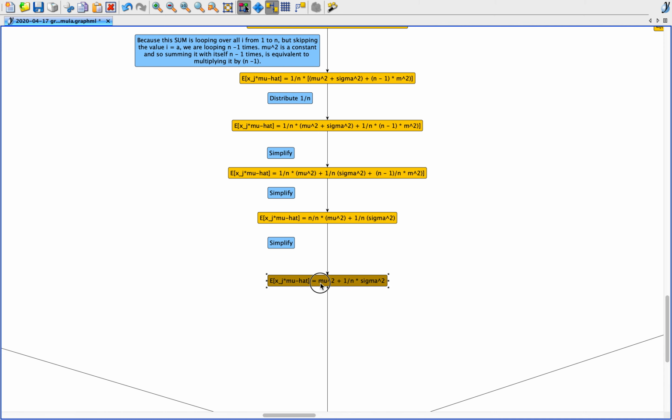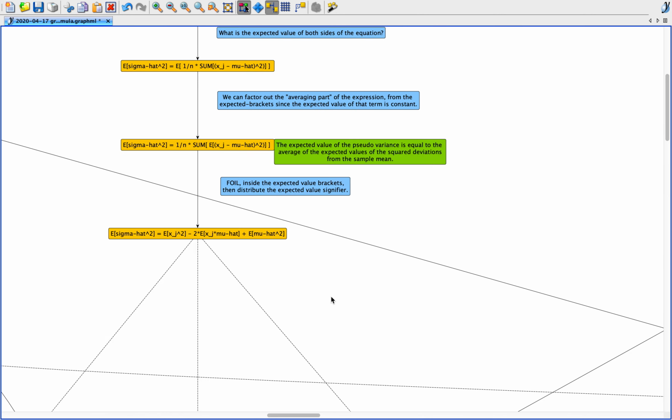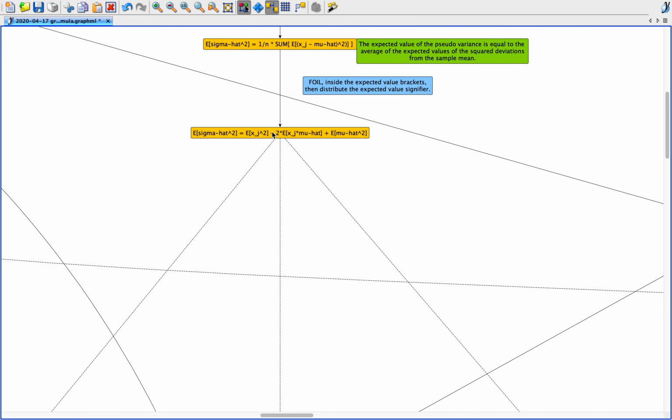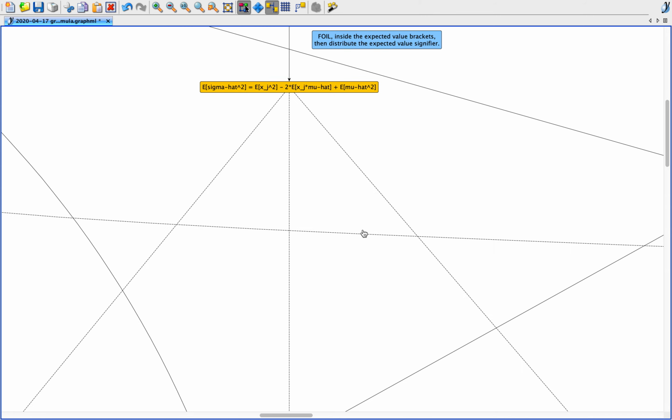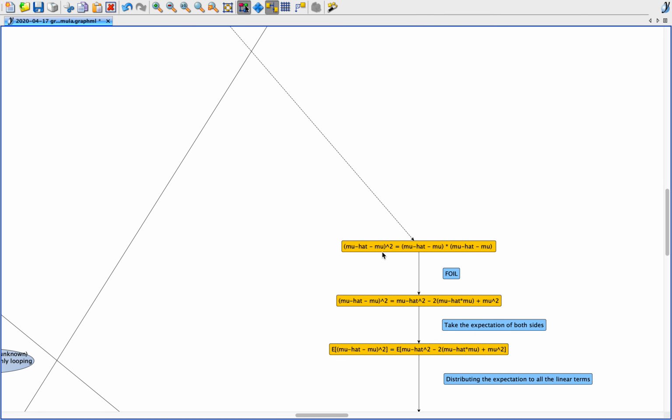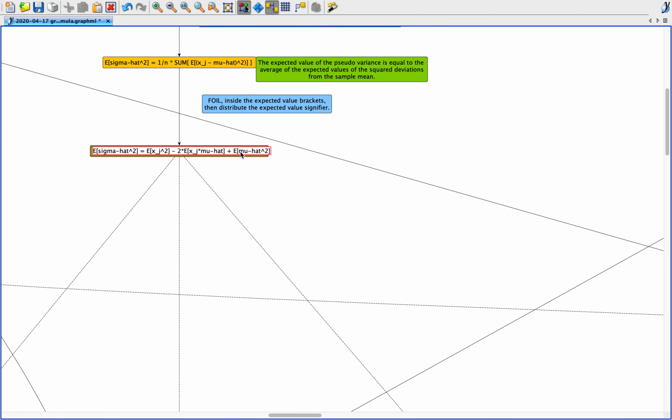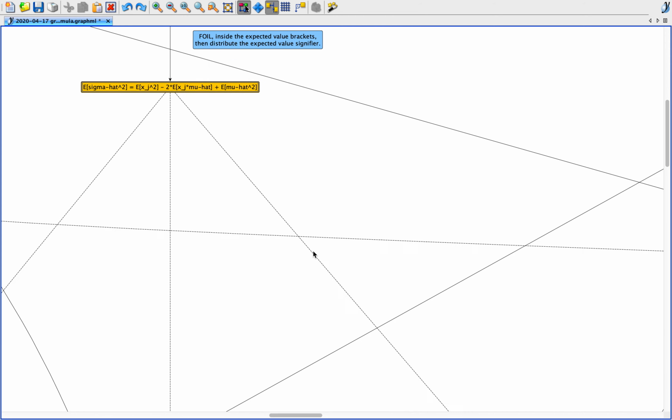Cool. And so that is the second part of our overall thing to solve for. The last part is the expected value of mu hat minus mu, squared. Excuse me, this is the thing that we're solving for: the expected value of mu hat squared.